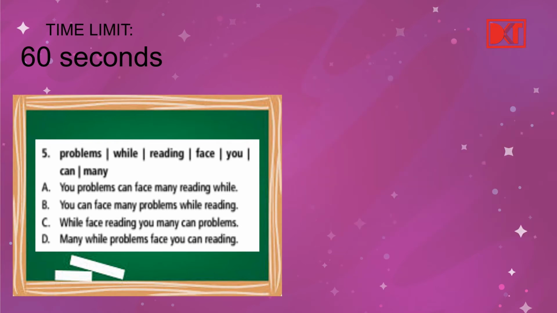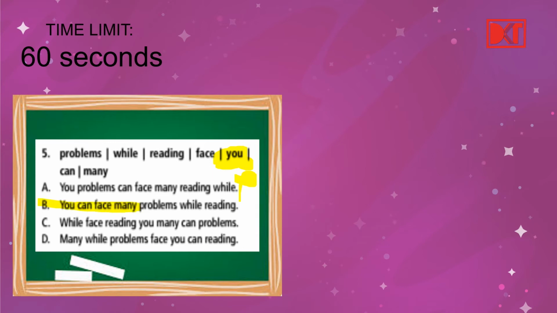Okay, here, problems while reading, face, you, can, many. Now here, talking about whom, subject is what? You. So let's read the sentences starting with you. First one says, you problems can face many reading while. Does it make sense to you? No. Other one, you can face many problems while reading.